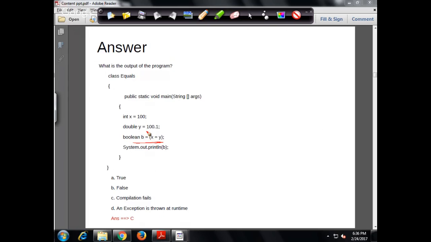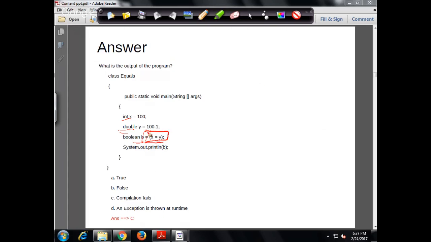If you see only this particular expression where it says x is equal to y, y is of type double, and x is of type int. So when you say x is equal to y, this is also wrong. To say it correctly, you will have to do an explicit typecasting using a cast.